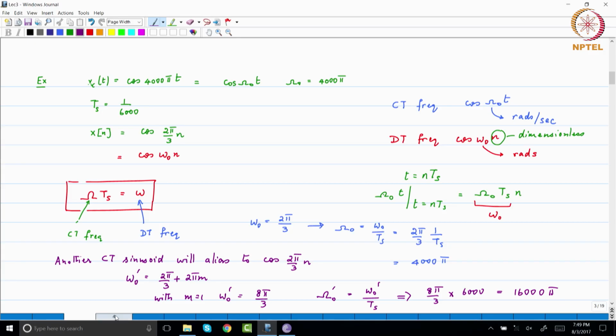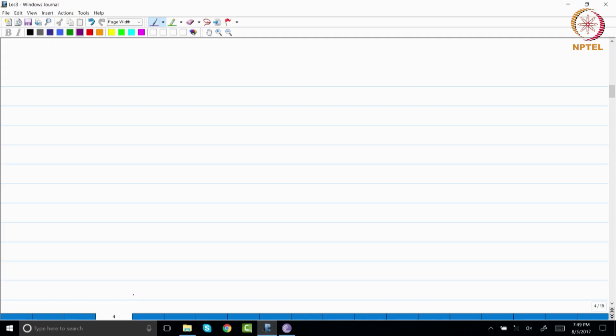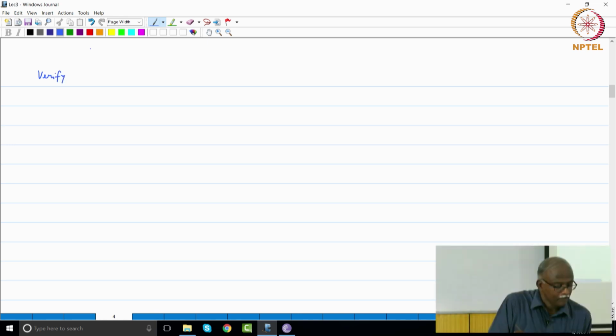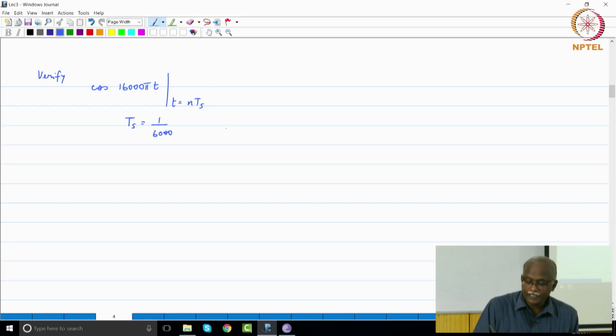Okay. And maybe a good idea for us to just confirm, or maybe you can do that as a simple exercise. Verify that cosine 16,000 pi t, when you sample it at t equal to nTs, Ts equal to 1 over 6000, gives x of n equal to cosine 2 pi by 3 n.